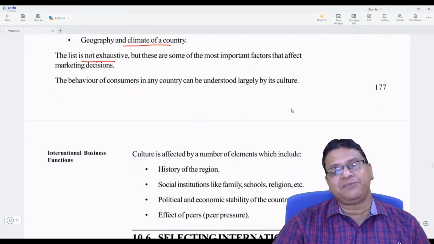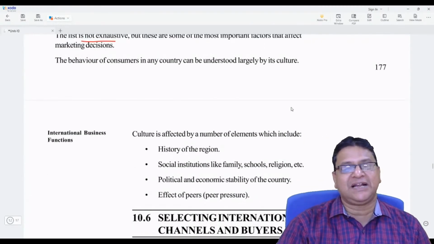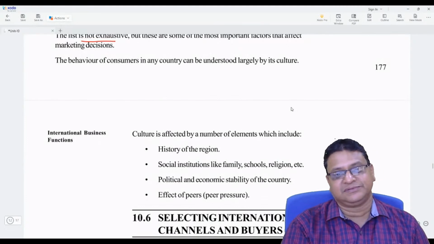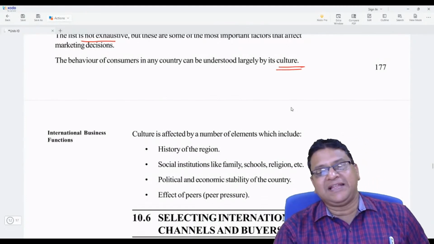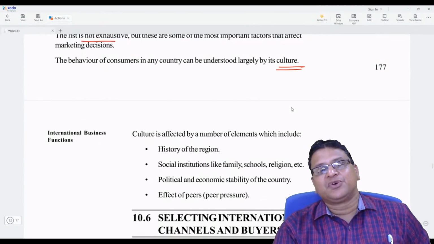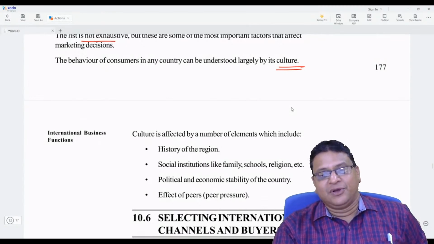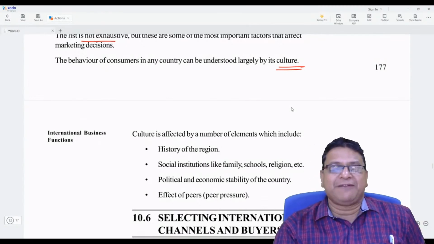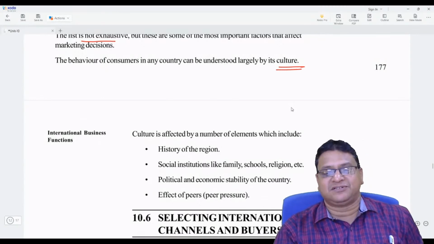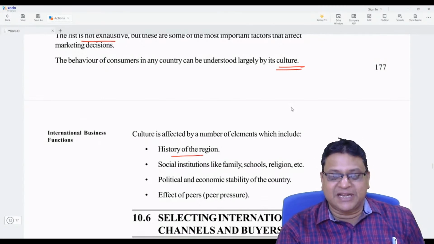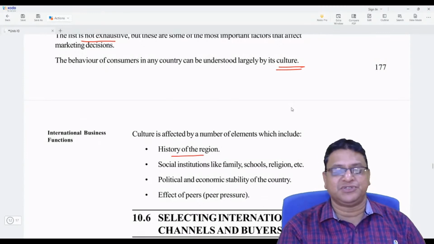The customer's behavior is normally affected by its culture. Culture plays an important role in shaping consumer behavior. Culture is affected by a number of factors. History of the region affects the behavior of the consumer.